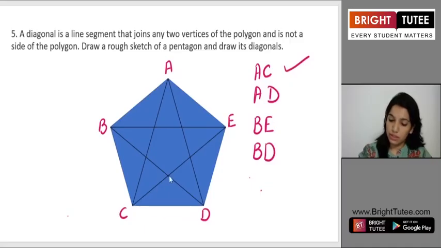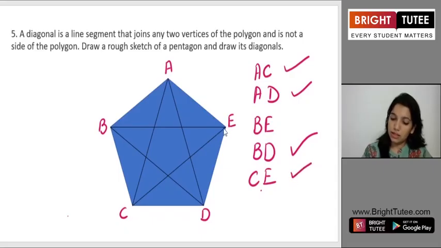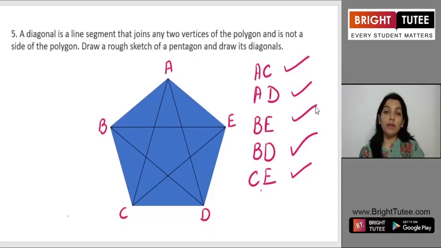Then we have CE. Then from D we have DB, which we have already written as BD. Then we have DA, which we have already written. Then from point E we have EC, which we have written as CE, and EB, which we have written as BE. So there are a total of 5 diagonals possible in a pentagon.